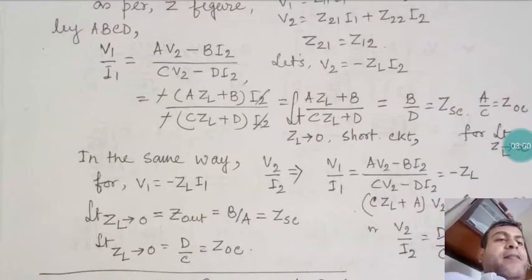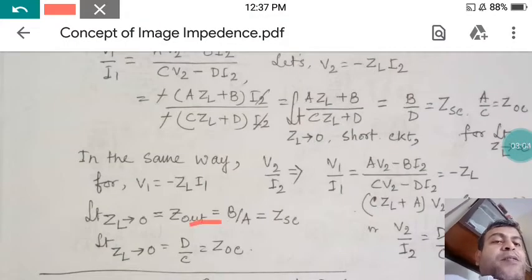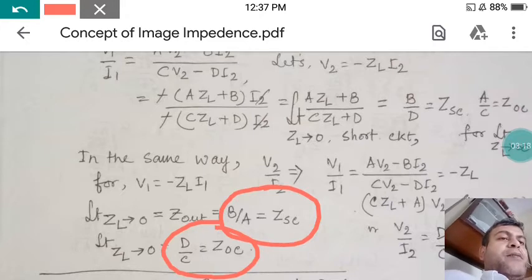So we have two things, one is ZOC and another is ZSC. When the output is considered, we get something, and when the input is considered, we get something. These four values are equally important in our future discussion.